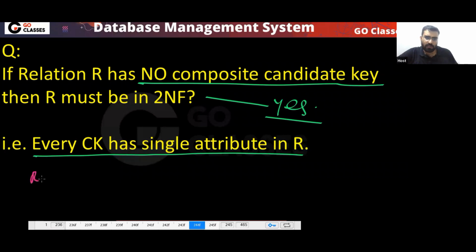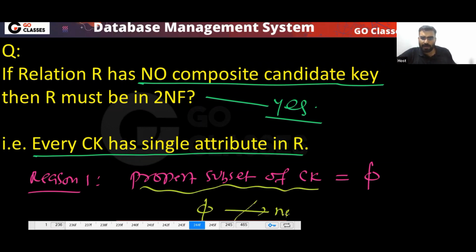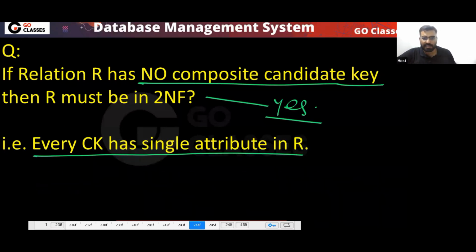What is reason one? A proper subset of a candidate key will be phi. Yes or no? And this phi cannot determine any non-prime attribute. This is reason one. What is reason two?